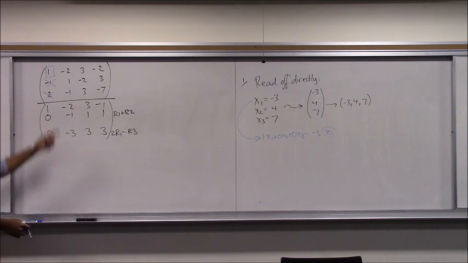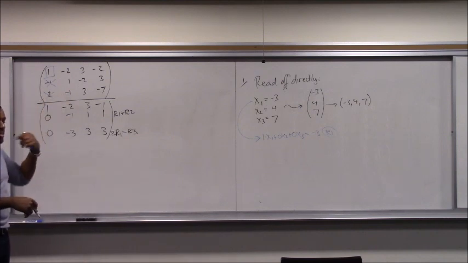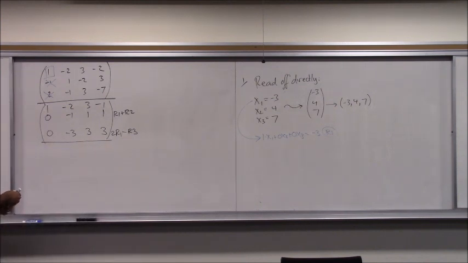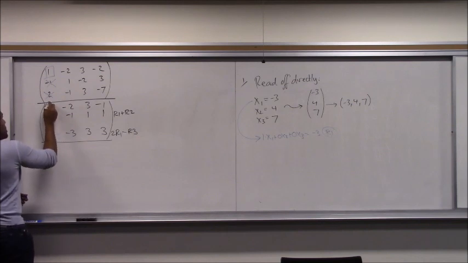Now again, it's arithmetic, so when I'm minusing a minus, I'm adding, right? Okay, you get that. So the first pivot, the top left, is established.